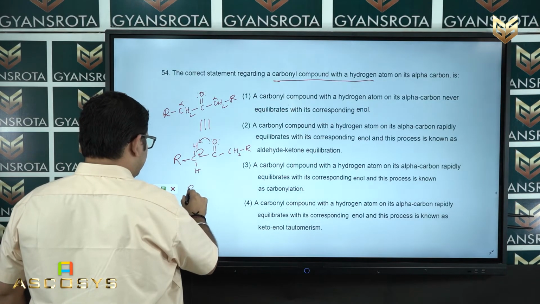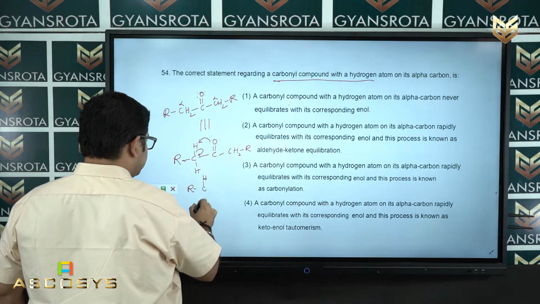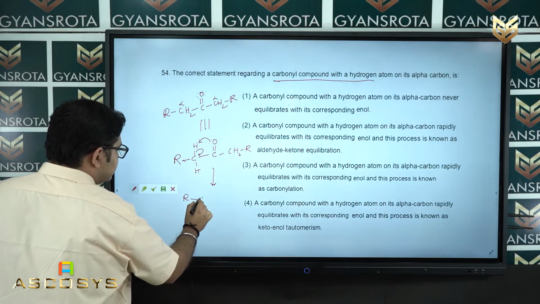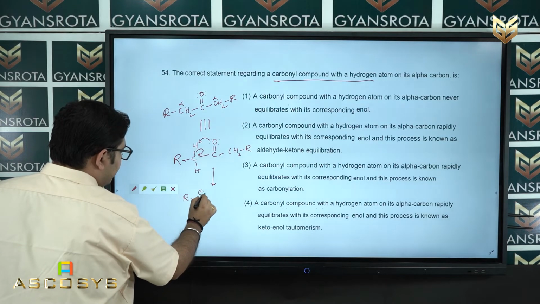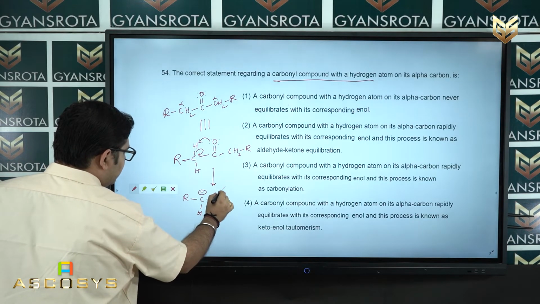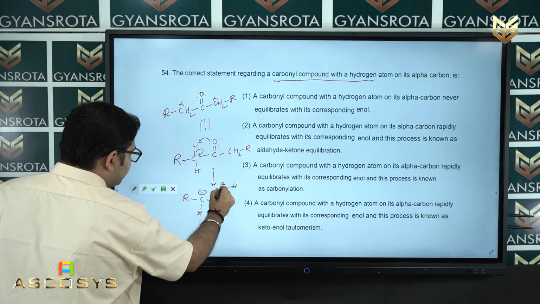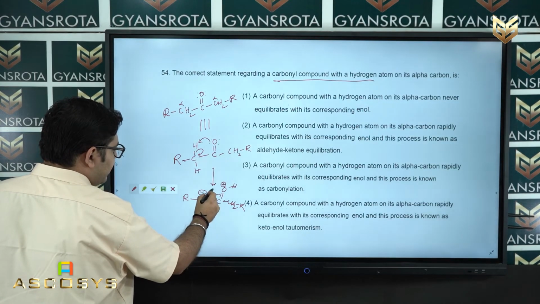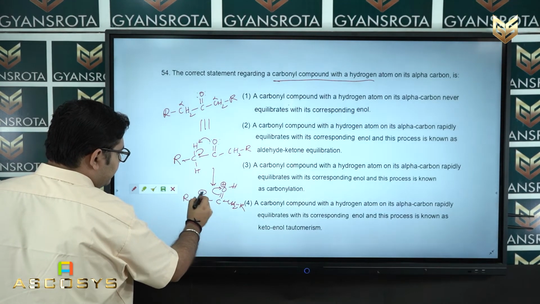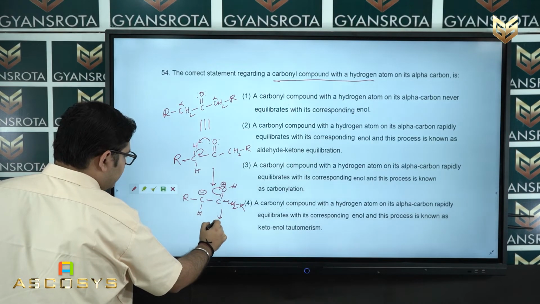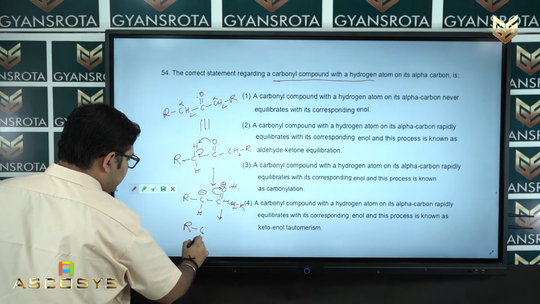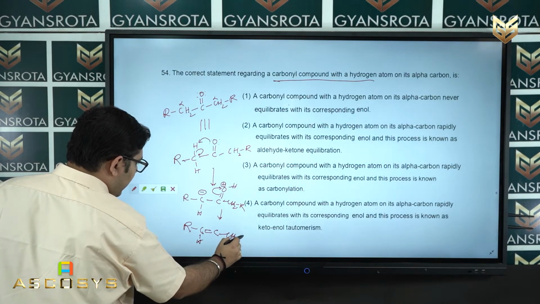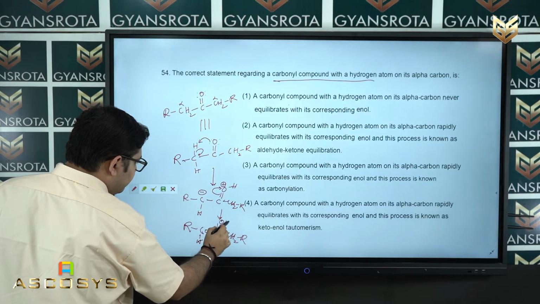So, what you get is RCH minus, C double bond OH positive, and CH2R. Now this bond pair will go to this side, where the positive sign is. The negative and positive form a bond, that is RCH double bond C, CH2R, and here OH will be present.